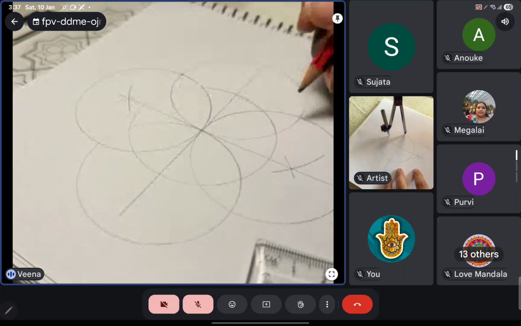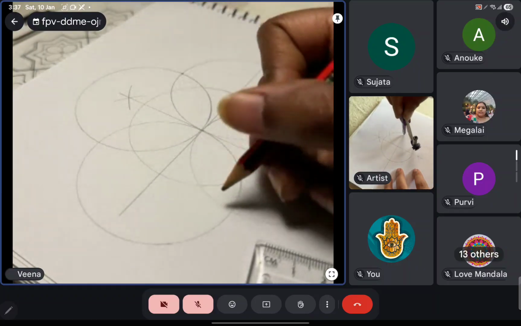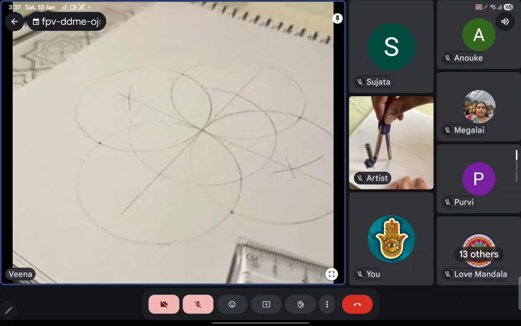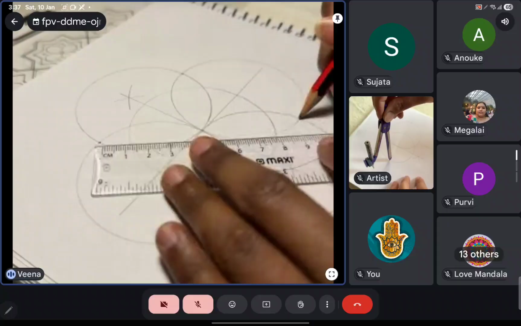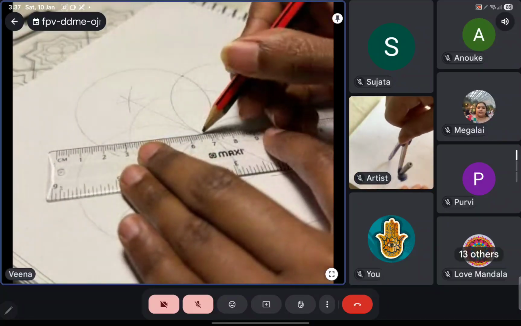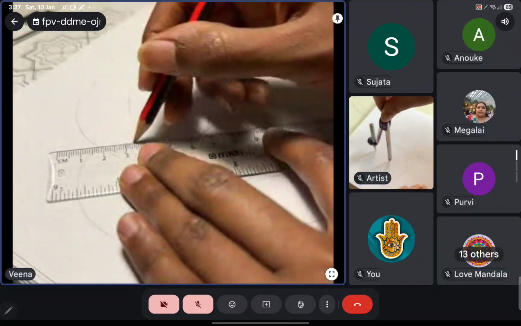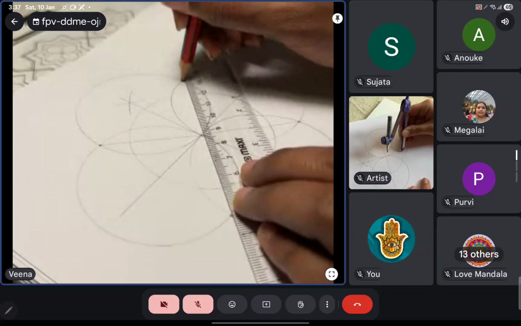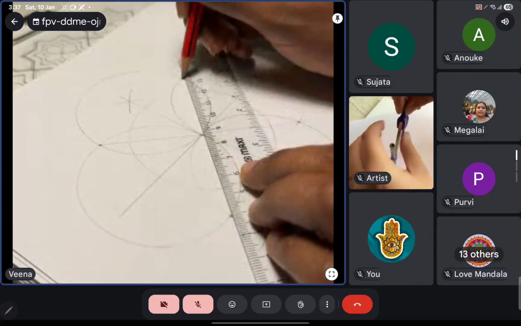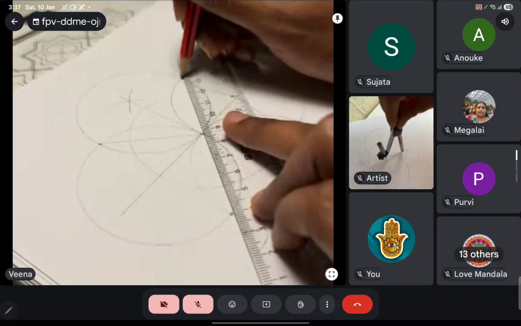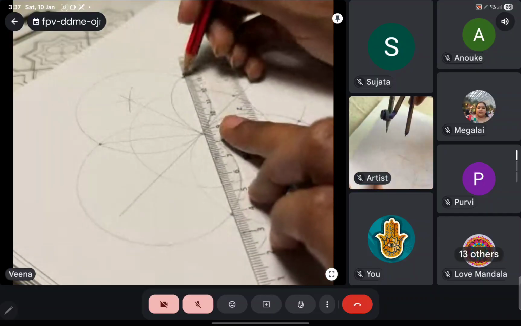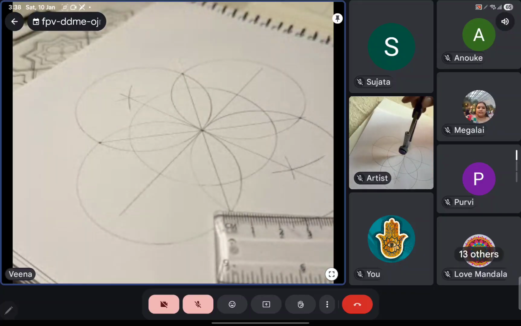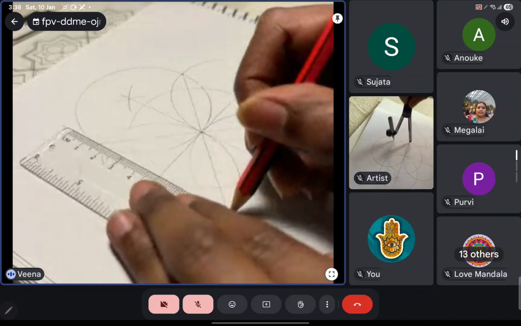Mark these points. Join the lines. And do the same this way as well.